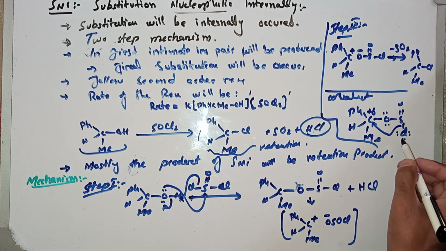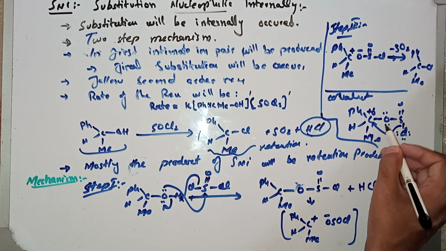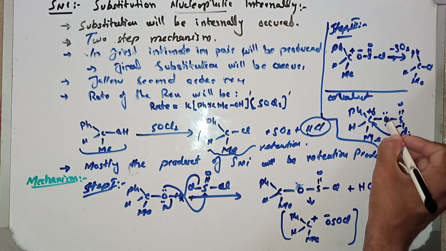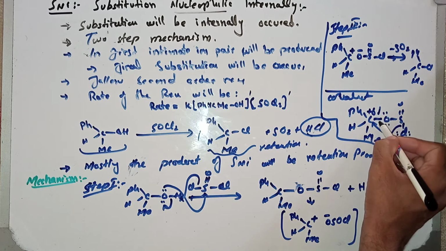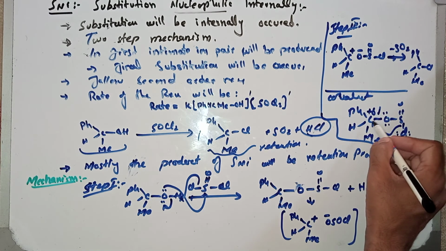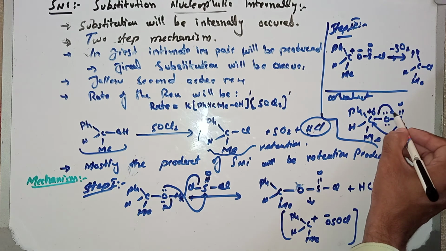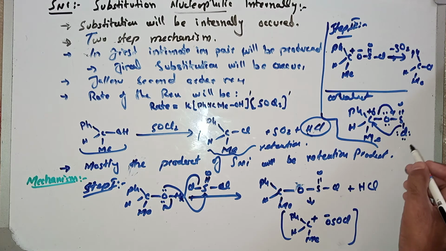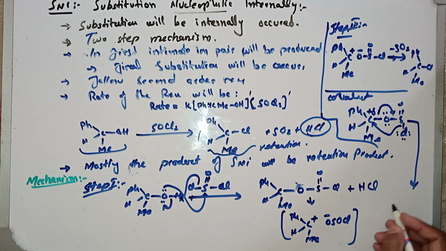Due to this, the bond between oxygen and carbon will shift toward here and produce SO2. So it will produce the final product PhCHMeCl plus SO2.